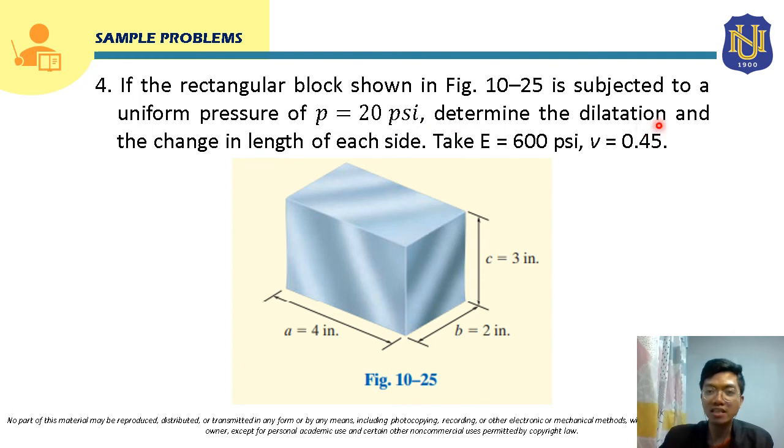Determine the dilatation and the change in length of each side. Take modulus of elasticity equal to 600 psi and Poisson's ratio 0.45. So let's solve this problem.